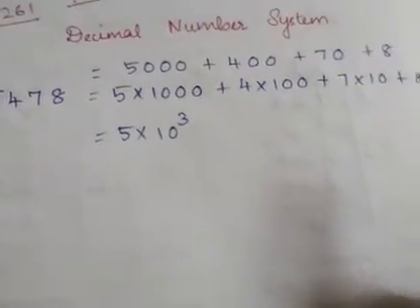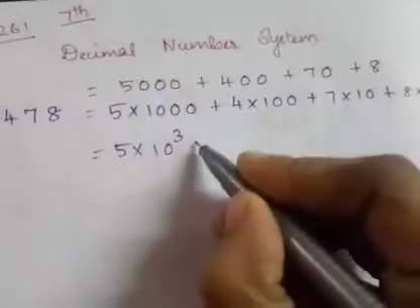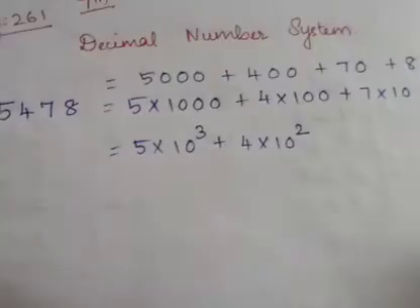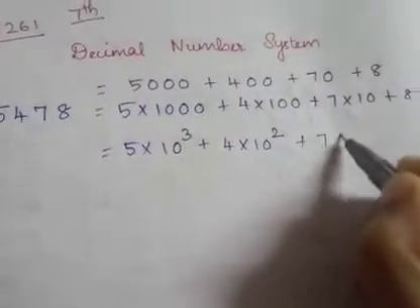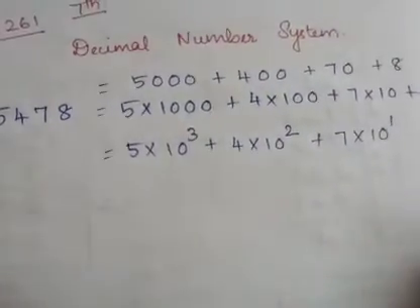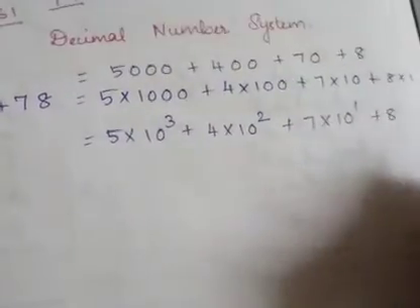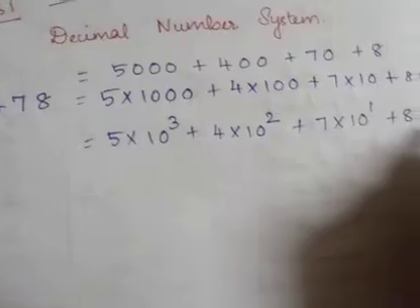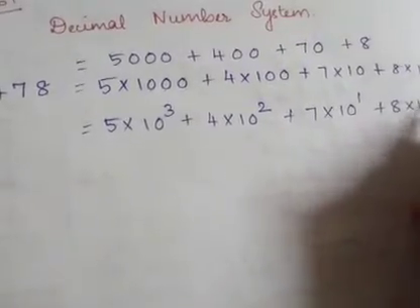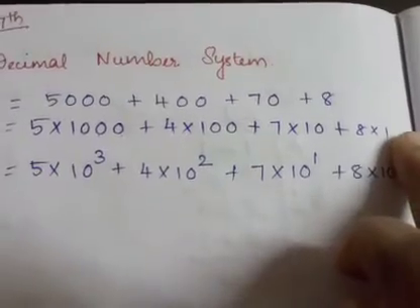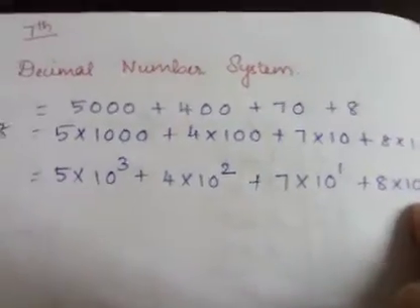So 5 into 10 power 3 plus 4 into 10 power 2, because 2 zeros are there, plus 7 into 10 power 1, because 10 is only 1, then plus 8, okay, or 8 into 1, or you can write 8 into 10 power 0, because any number power 0 is 1. So instead of 1 you can write 10 power 0.